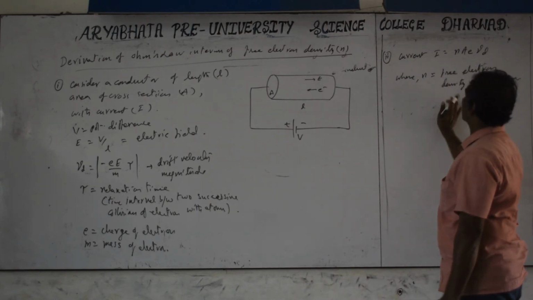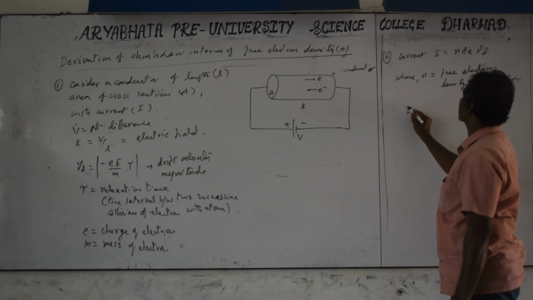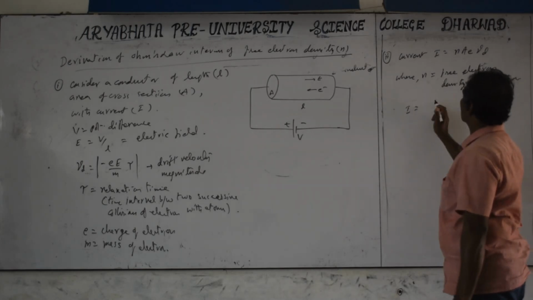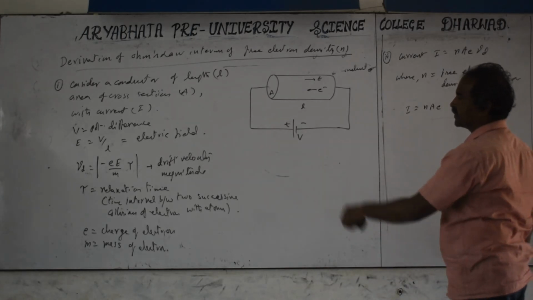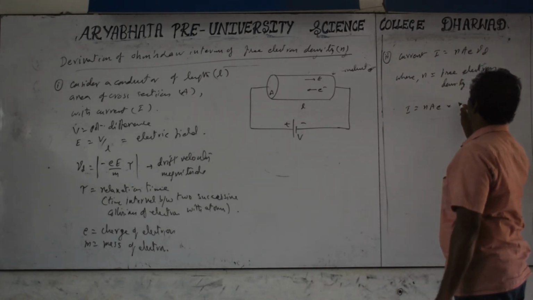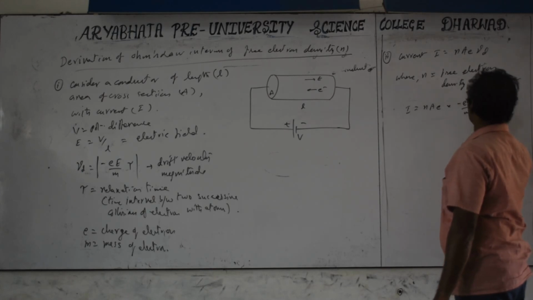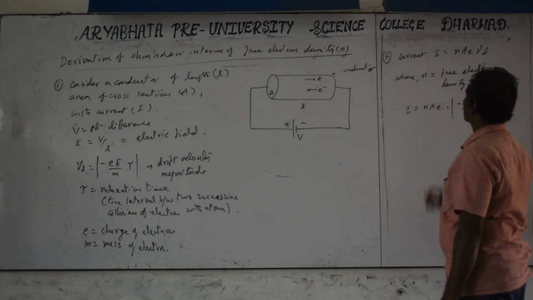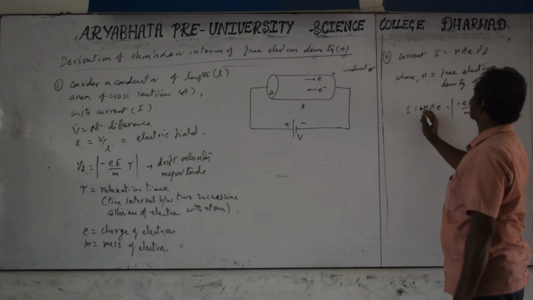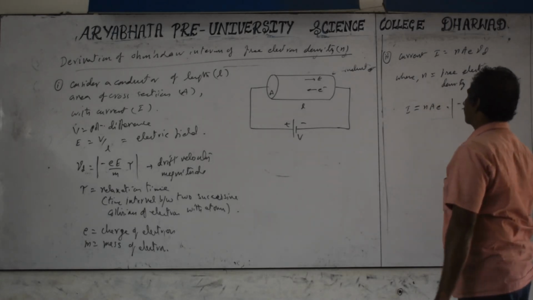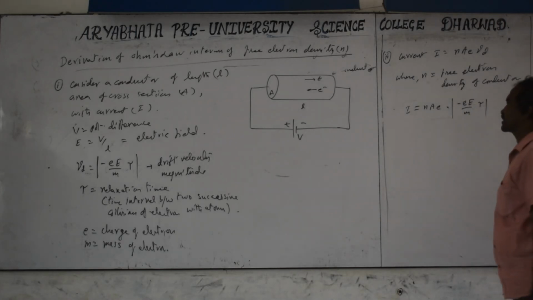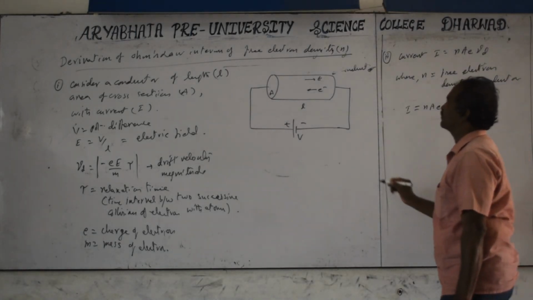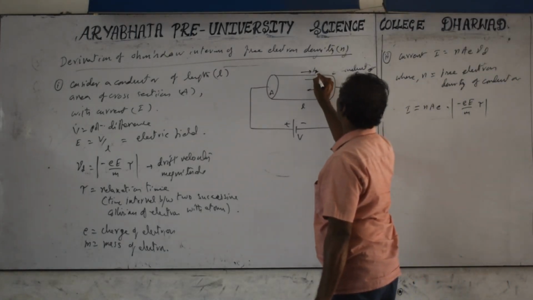So take the relation I equals n into A into e into Vd. For Vd you have to take the magnitude of the drift velocity, that is Ee by m into tau. Even if you take minus, you have to take minus also, and minus plus gives the current result in the positive direction of conventional current.